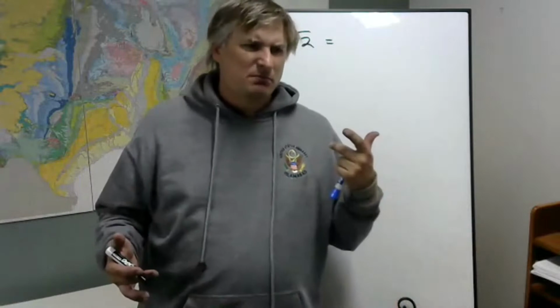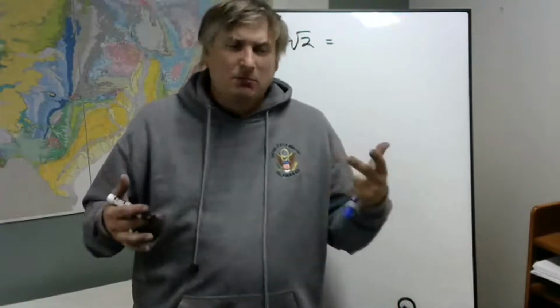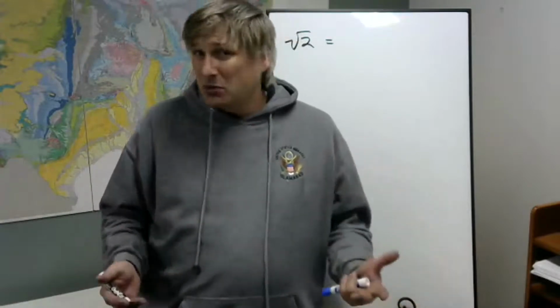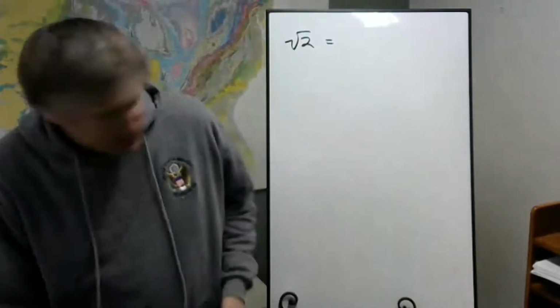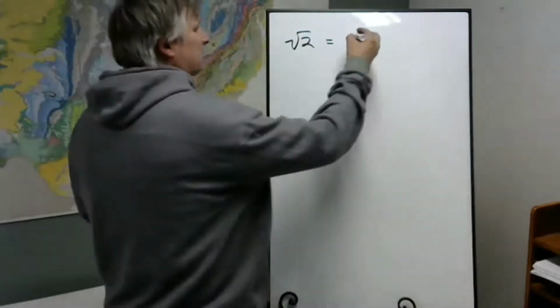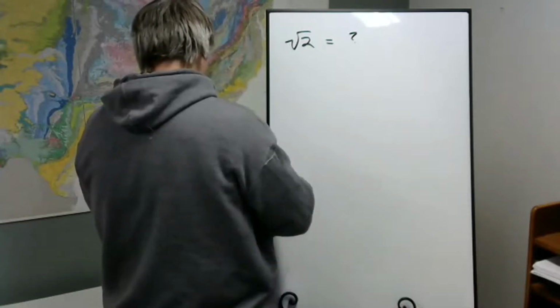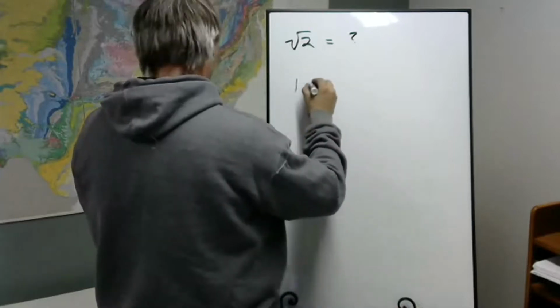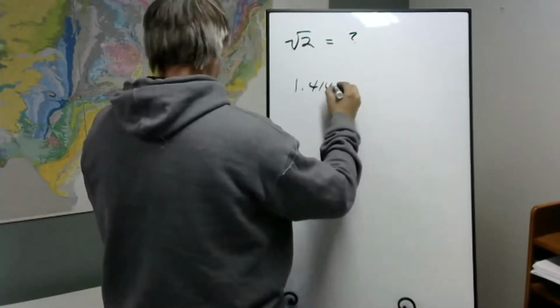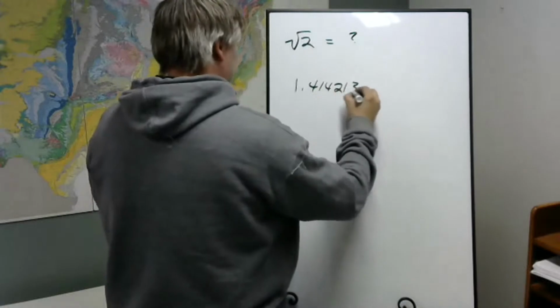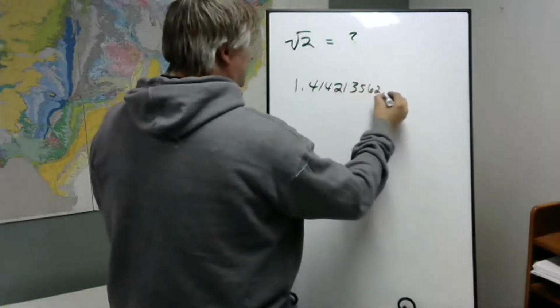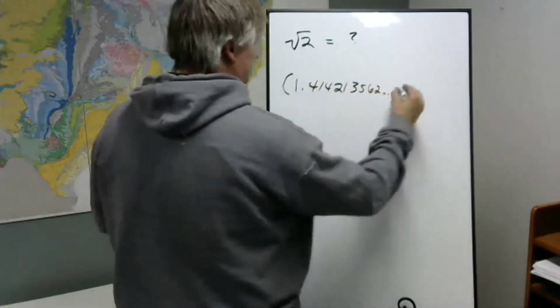What number that you multiply to itself gives you 2? And it's approximately this. And it goes on forever.